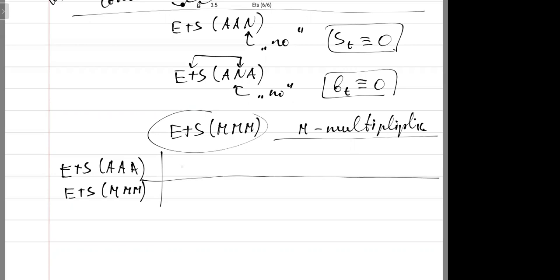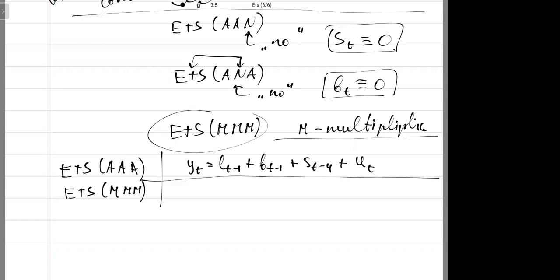But just to show you the idea, what does a multiplicative effect mean? In ETS AAA, YT is LT minus 1 plus BT minus 1 plus ST minus 4 plus UT, and in the multiplicative model, can you guess what will change?